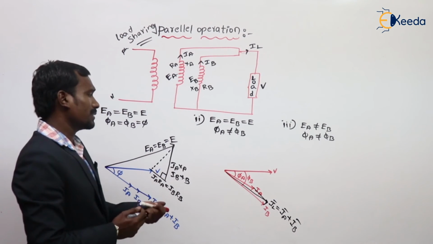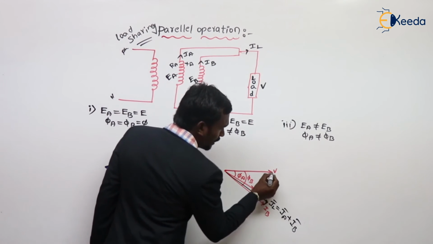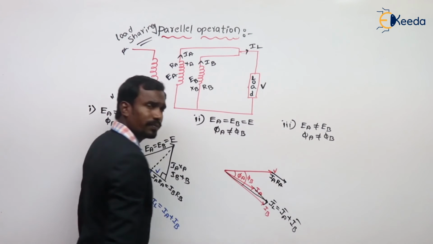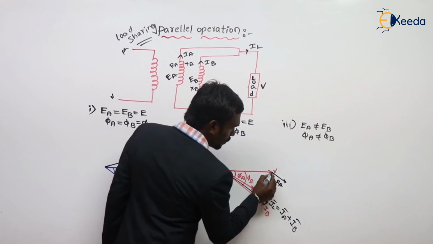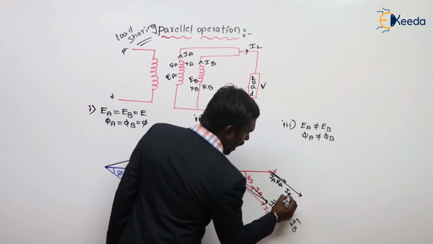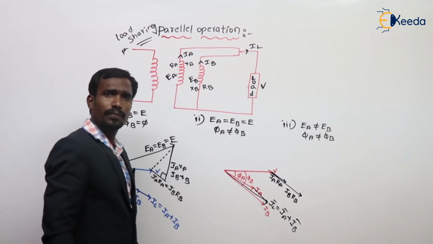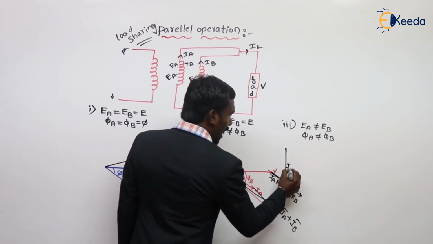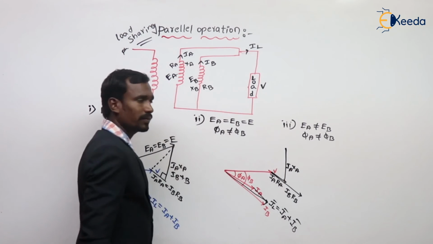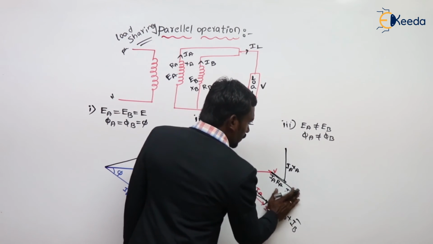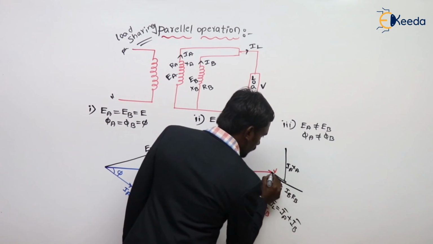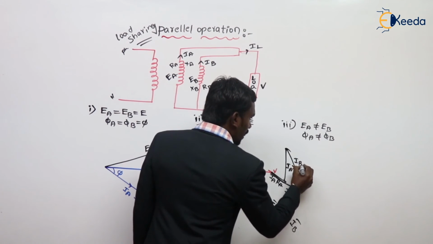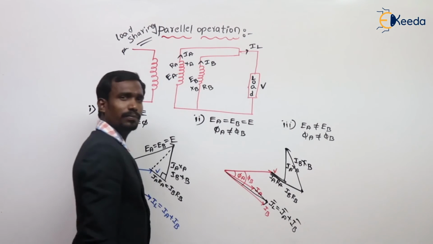Now let's draw the vector. Here IA is there, so this is my IARA, and my IB is there, so this is my IBRB, and perpendicular to IA, IAXA, and like this is IB, right? Perpendicular to IB, this is IBXB.